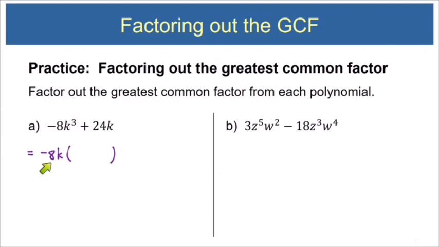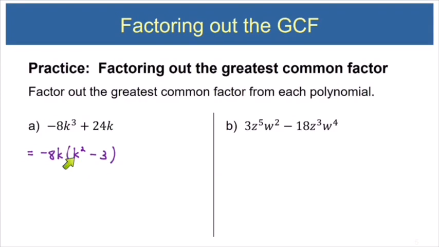So what would I need to get negative 8k times something to be negative 8k to the third? Well, I would need k squared here. And then what would it take for negative 8k times something to be positive 24k? And it would take a minus 3. So that goes there. Now, always make sure that when you distribute your GCF, it goes back to looking like the original problem.